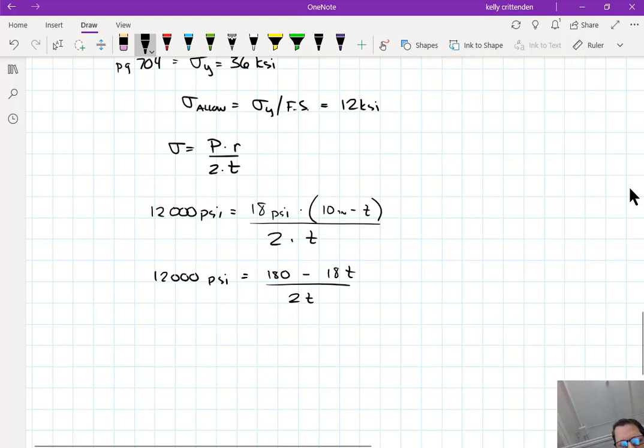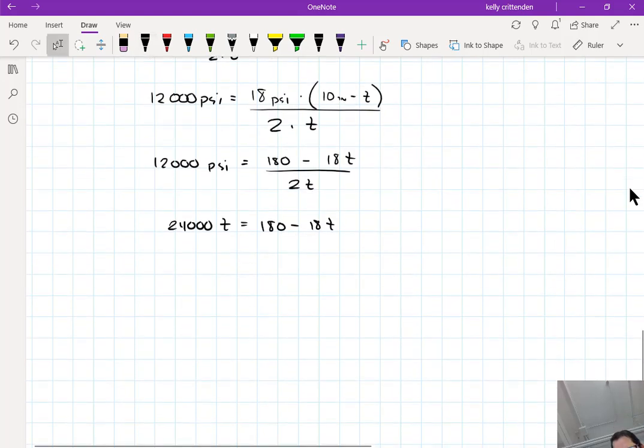So we have 24,000. I'm going to drop the units because they're actually confusing me. They're all in the right units right now. 24,000 T equals 180 minus 18T. So 24,000 minus the 18.